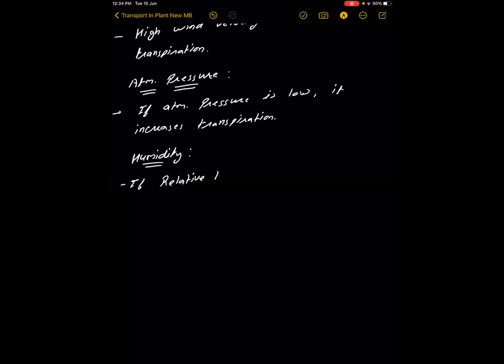If relative humidity is low, then rate of transpiration is high.